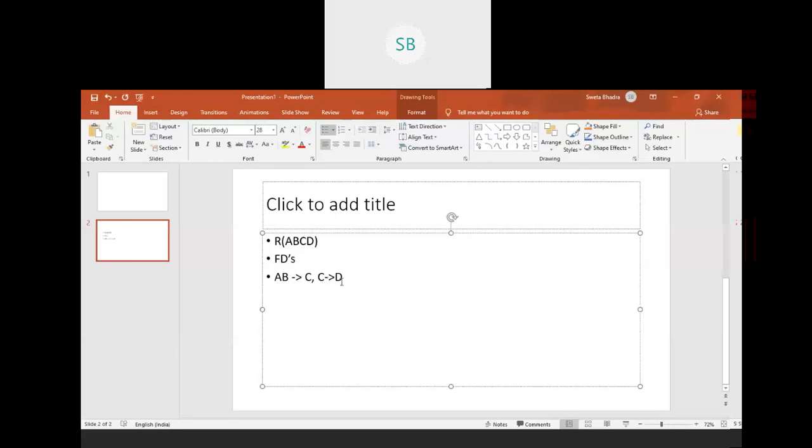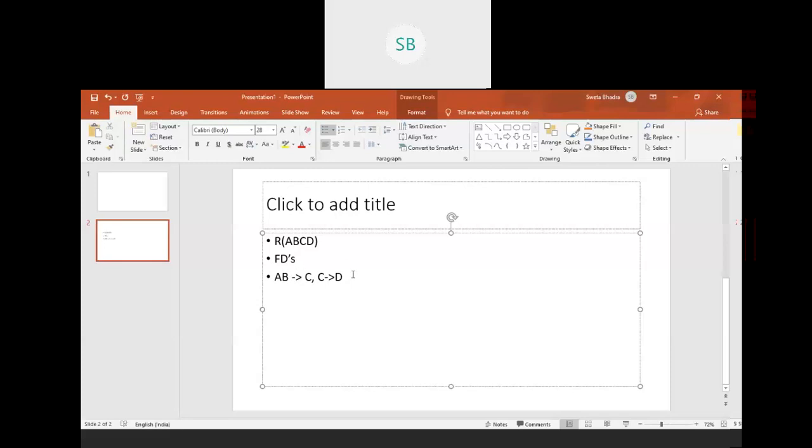What I said is there shouldn't be any transitive dependency. But you can see here AB is determining C and C is determining D. Here we don't know which is the primary key or the candidate key.